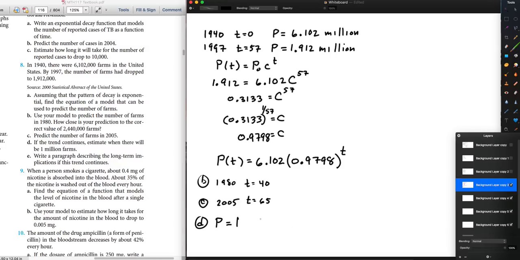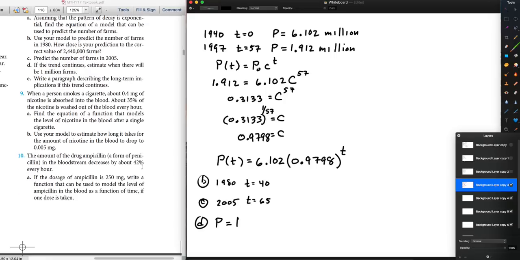I don't have enough room to do this one here, but we're going to do some on the next set that are asking to solve for t like that. You end up having to use logs to do it. Now there was another one on this page, which was number 17.